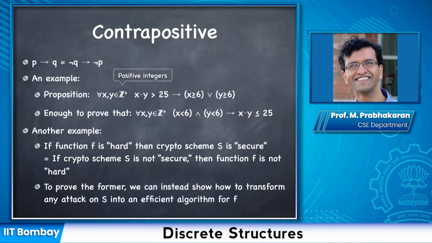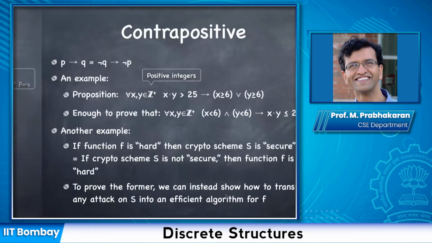So the proof can now be to show how to transform an algorithm that is attacking the scheme into an efficient algorithm for computing the function f, and that is often something you will be able to do if your construction is good. So this is how security is proven for all the cryptographic schemes out there, how security is based on the computational hardness of various problems.